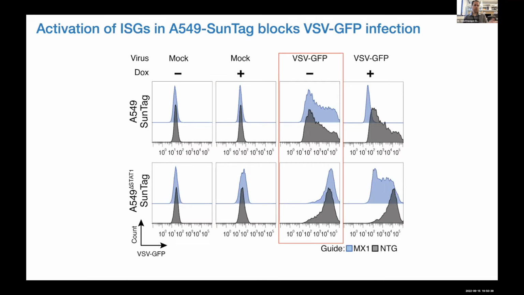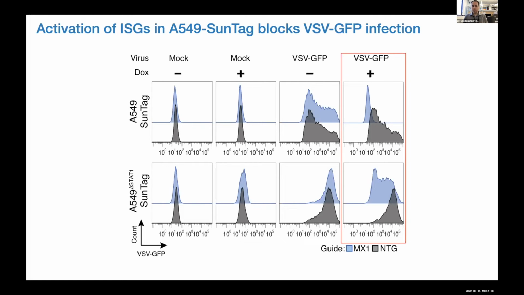When we add doxycycline and induce the expression of MX1 or a non-targeting guide, we can see that the wild type cells completely blocked viral infection, as you can compare between the blue and the gray histogram of the top plot. The infection in the STAT1 knockout looks somewhat different. While most cells are infected, we can see a dramatic effect on the intensity of the GFP marker.